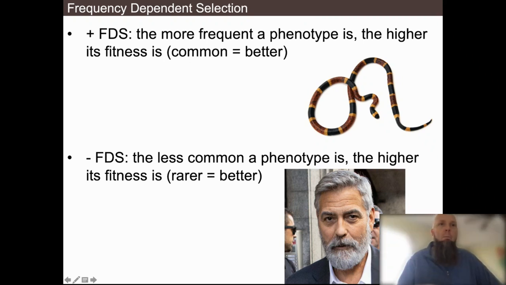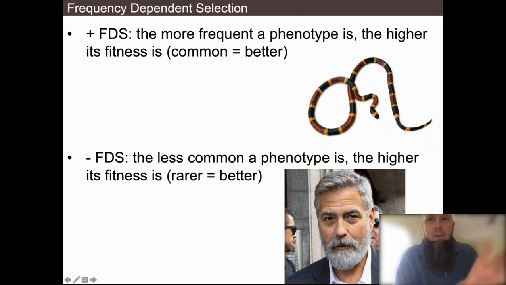And so the more common that signal is in the environment, the more wary potential predators are going to be about approaching one of these snakes. They've learned it. They know it. They avoid it. So the more common it is, the better it is for those snakes to have that color.